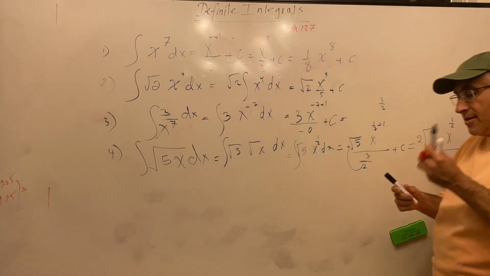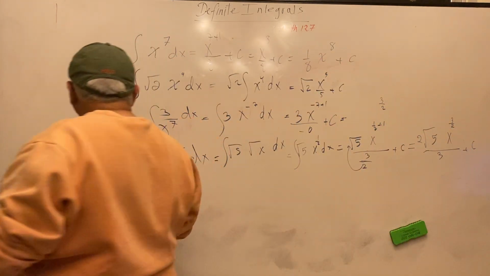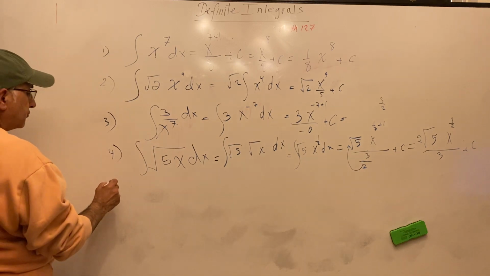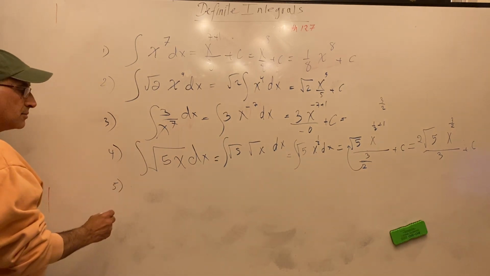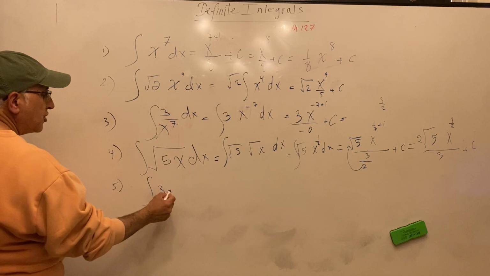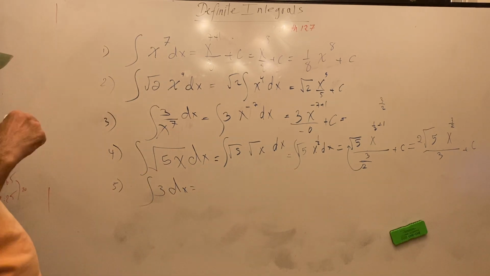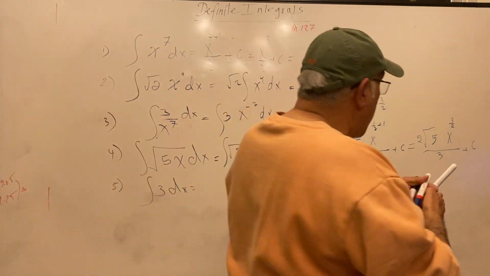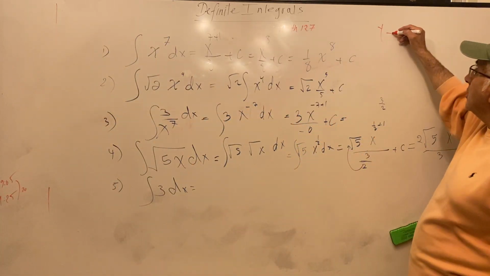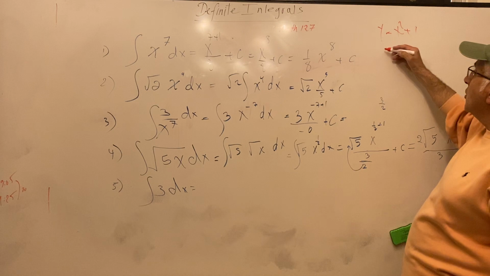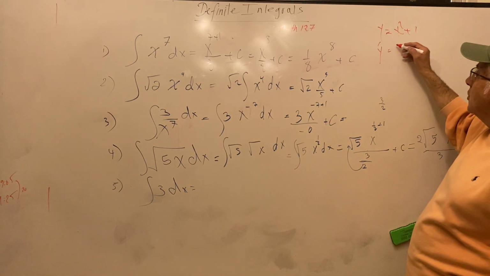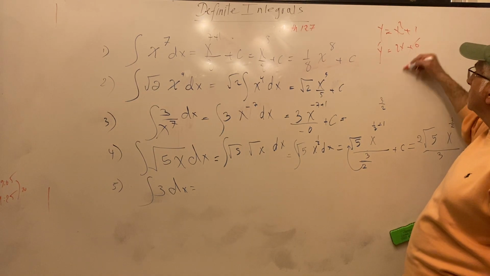All right? Well, how about if I go back to some basics? What is the derivative of 3? Integration of 3. Remember before, when you used to differentiate, when I used to tell you y equals x squared plus 1, you used to say what? 2x, a constant, 0.